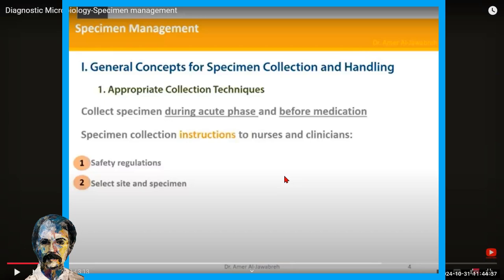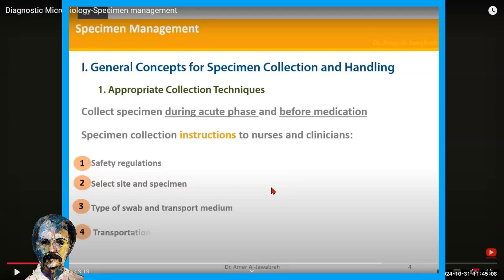So every time you have a request from the physician, let's say a swab culture, throat culture, or sputum culture, the clinician and the nurse have to know that here we need sputum, here we need a throat swab, here we need CSF, here we need urine. So the type of specimen and the site where to collect from.